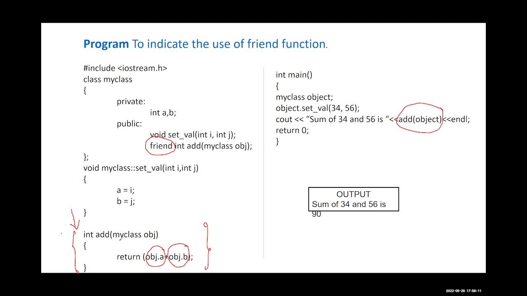And in the body of the program, that is in the definition, if you want to access the members of the class, in that case we have to create an object, and then use the object dot operator and then that particular member name, only then you will be allowed to access the variables. I hope this is clear to you all, right?